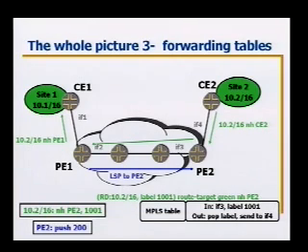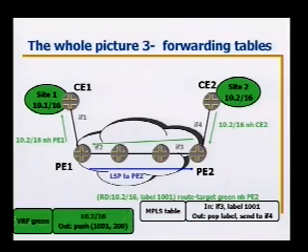So PE1 is going to be able to resolve this BGP route and create an entry for 10.2/16 with a next hop of a double push label: 1001, the label that is advertised by PE2, and on top of it, push label 200, which is the label that was assigned by, let's say, LDP for the PE1, PE2 LSP.